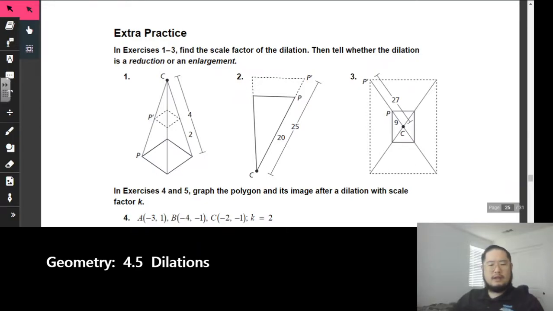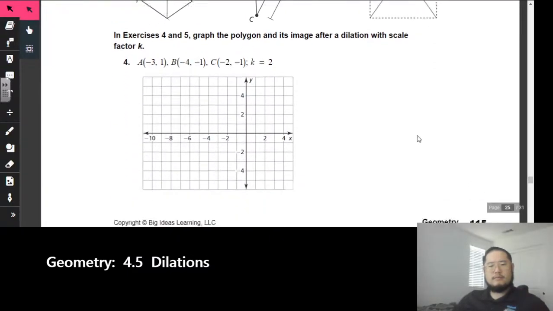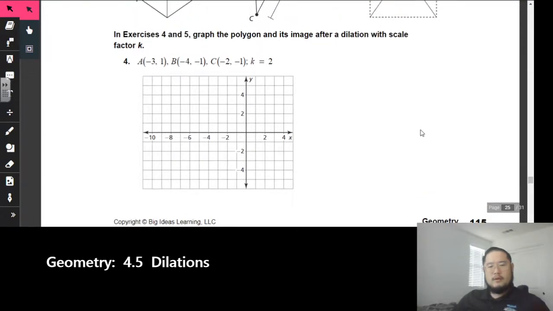Let's go ahead and move along to number 4. It says graph the polygon and its image after a dilation with the scale factor. Alright, so remember, if my scale factor right here is 2, we're going to take each and every point and multiply x and y by 2.